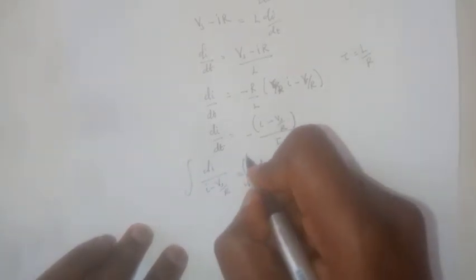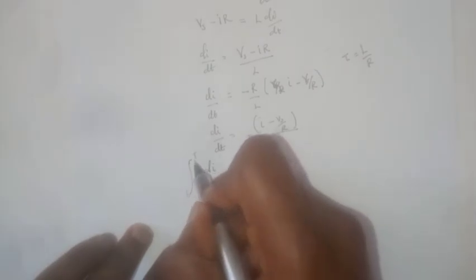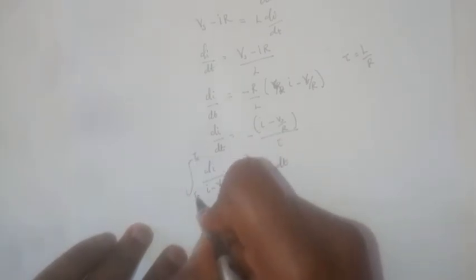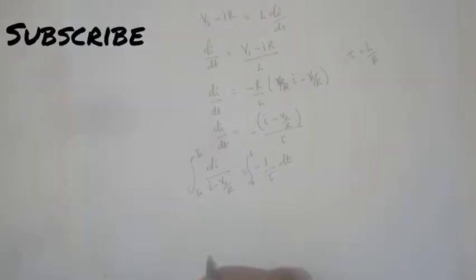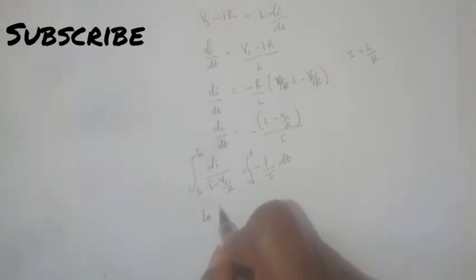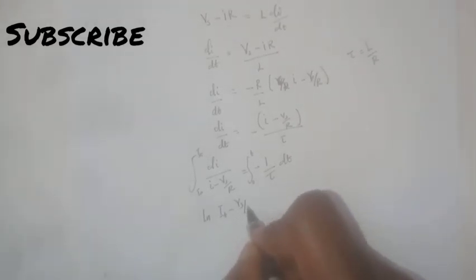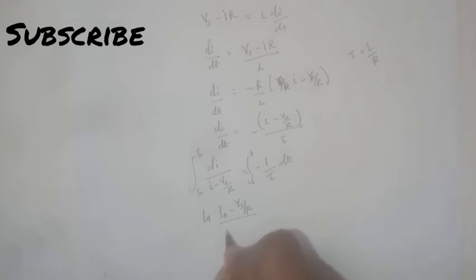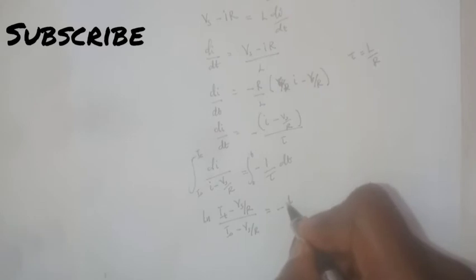this from 0 to t, and this from I naught to I of t, we would have it that log to base e of (I of t minus Vs over R) all over (I naught minus Vs over R) equals minus t over tau.